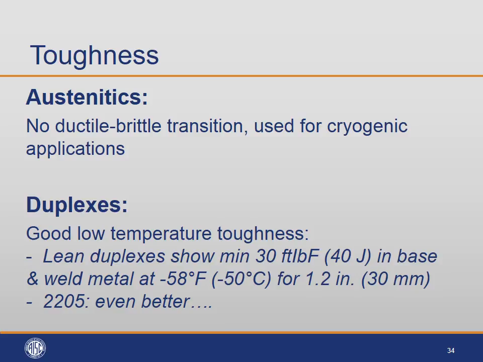These duplexes are used in pressure vessel applications where toughness has to be demonstrated. The duplexes are also being used increasingly in structural bridge elements, and also because of the exposure to cold temperatures, toughness is an important design criterion there.